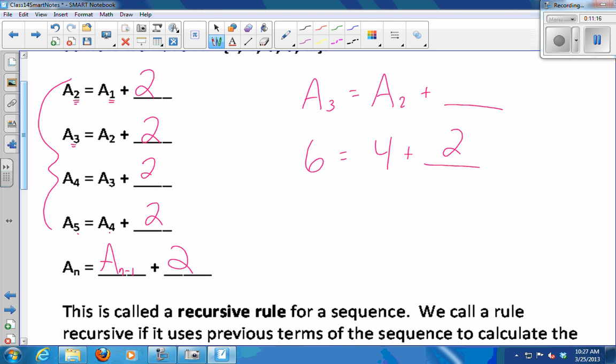So I have 3 and then 2, 4 and then 3, 5 and then 4. It's always 1 smaller. So for a general n, to reduce the subscript by 1, you write n minus 1. And then the 2's were always the same, so we have plus 2.